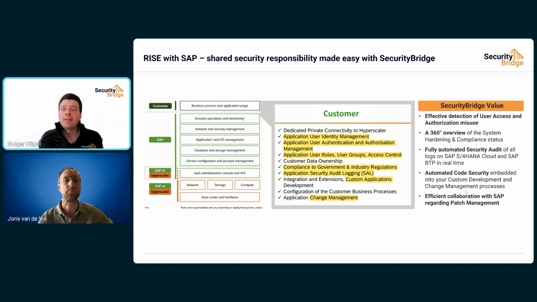The recent vulnerability, which has actually been exploited, has shown that it's very critical to have an eye on these things, because regardless of the vulnerability, you need to be able to see whether unauthorized access is about to happen, and to take appropriate actions.